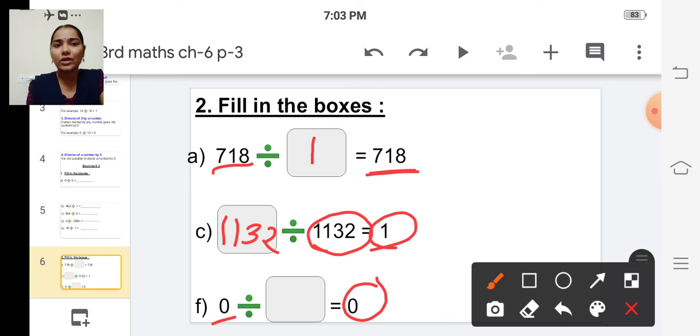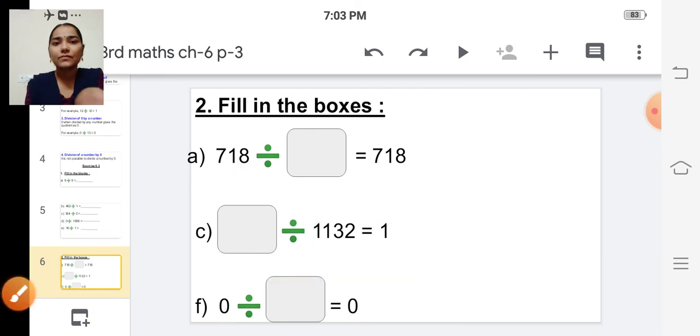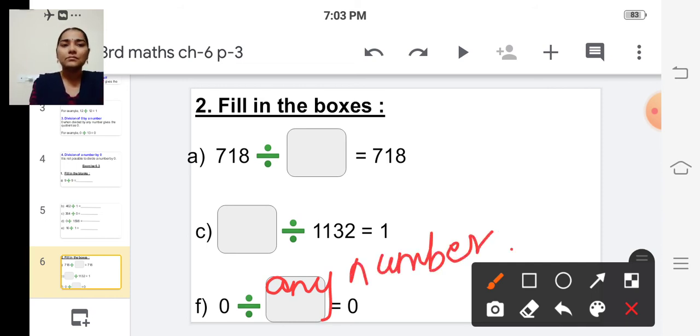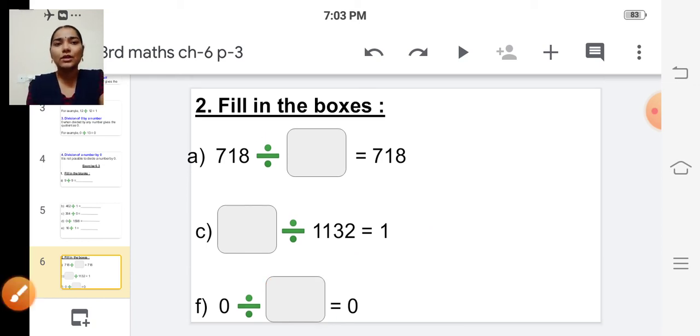So here we have to write any number. Okay. So if we divide 0 by any number, then we'll get the quotient as 0. Have you all understood, children? Yes. So we'll move on to the next one.